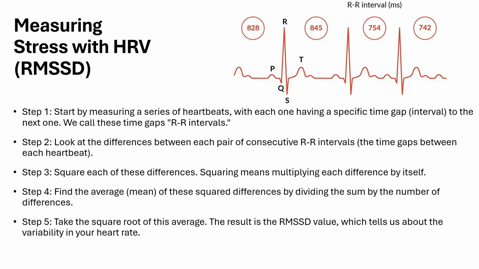So we add them all up and then divide by the number of differences. And step 5, we take the square root, which undoes the square that we did earlier. The final value we get is the RMSSD value, or stress score, which tells you your variability in heart rate, and we use this as an indicator of whether this person is stressed or not.